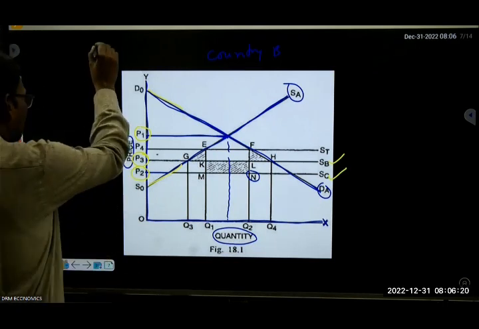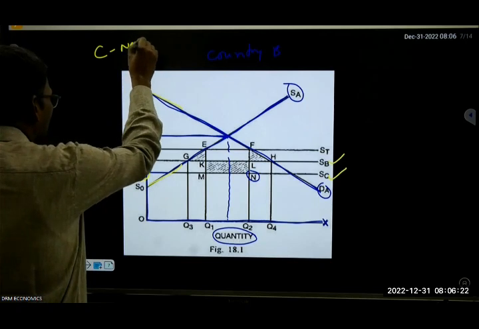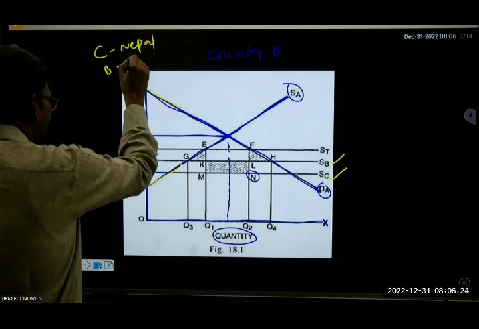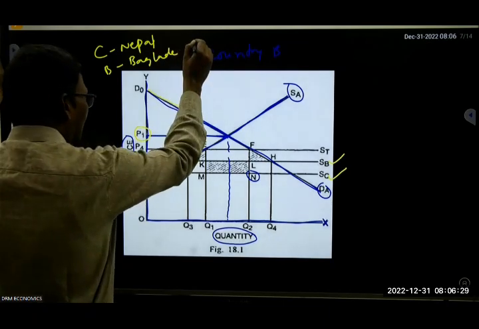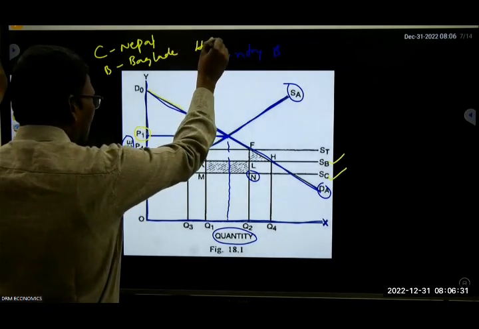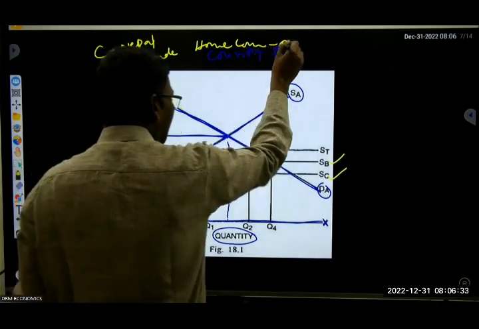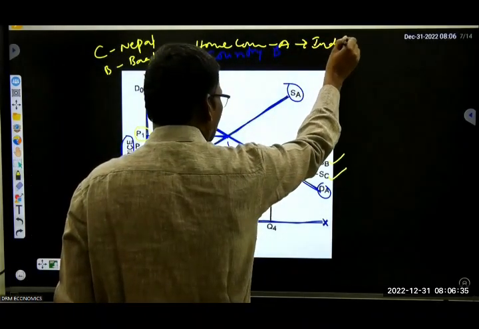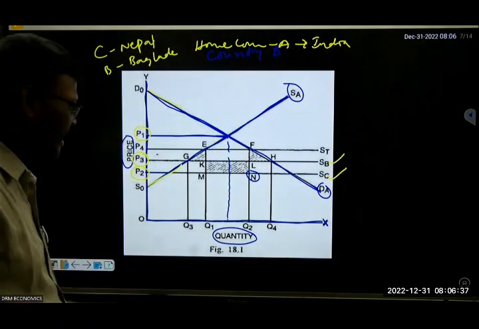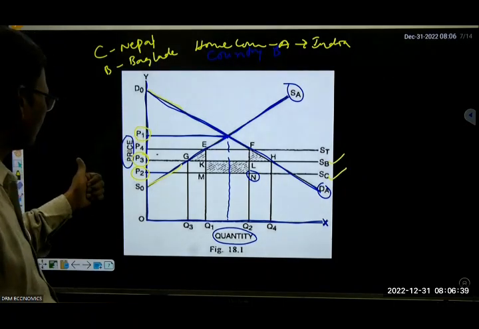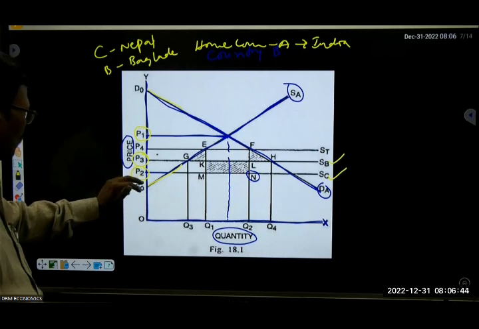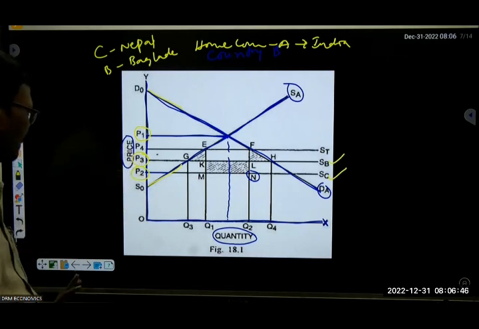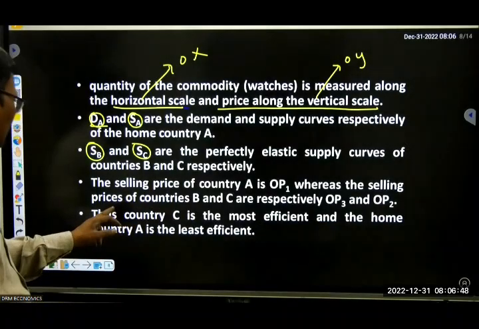So B is Bangladesh, C is Nepal, and the home country is A, India. In India the price is OP1, in Bangladesh the price is OP2, and in Nepal the price is OP3.